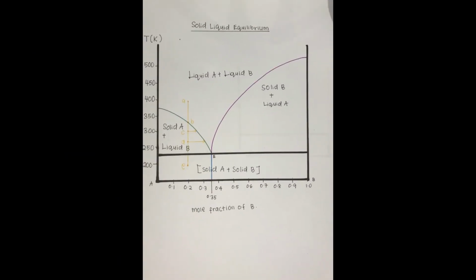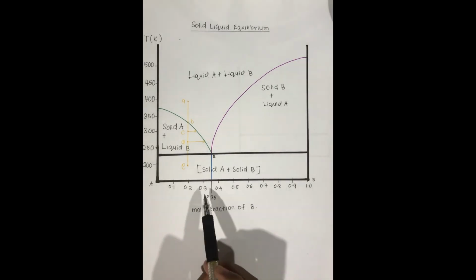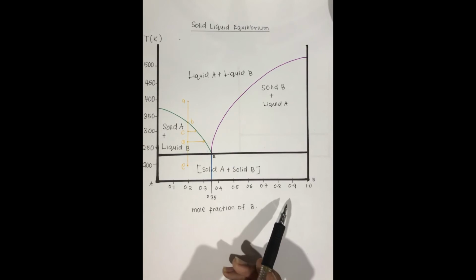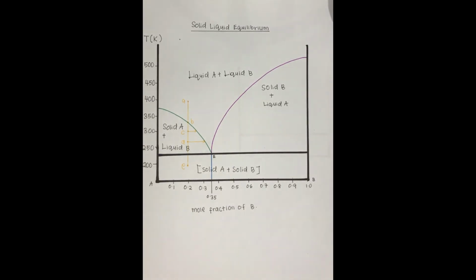Okay, now we will continue on how to read the solid-liquid equilibrium phase diagram and do some simple calculations. So this is the solid-liquid equilibrium phase diagram, the same as the previous diagram. The horizontal axis shows the mole fraction of B, which increases in the right direction.